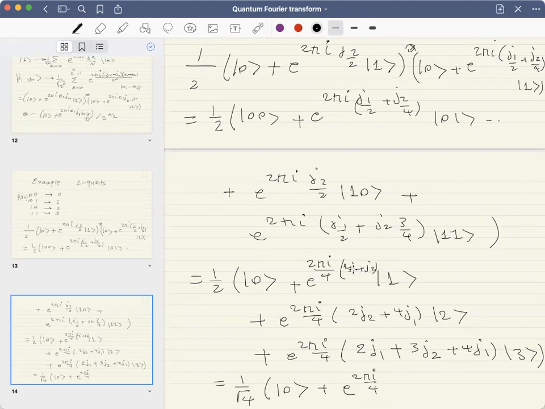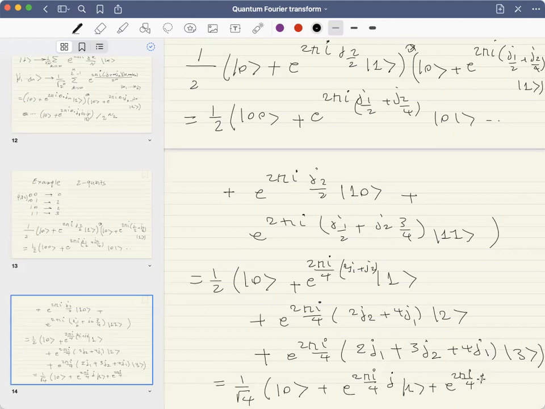The binary representation of j is j1, j2, so j is 2j1 plus j2. Then the next one is e to the 2 pi i over 4, and then here I have 2 times j.